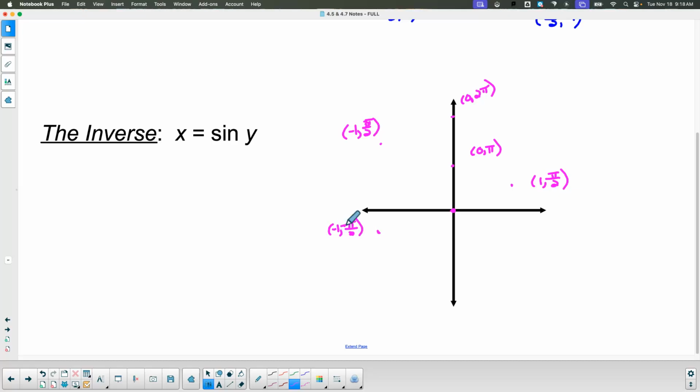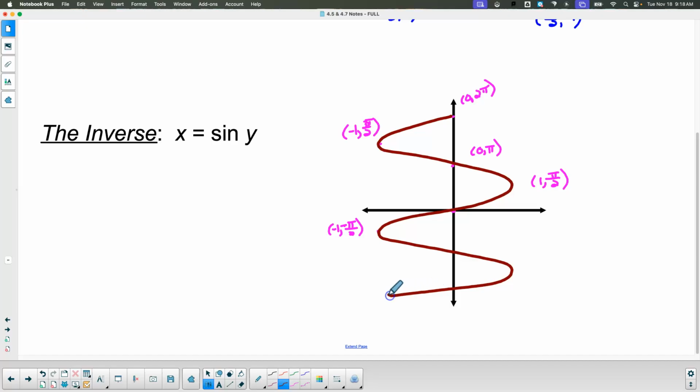And so on and so forth. So our graph of our inverse function looks like that. Where again, the domain is from -1 to +1, and the range is all real numbers.